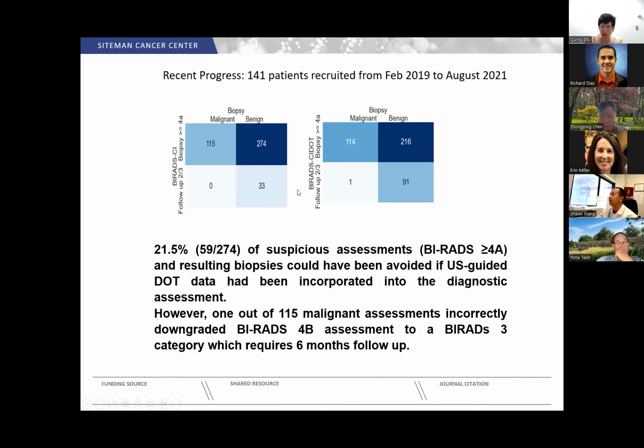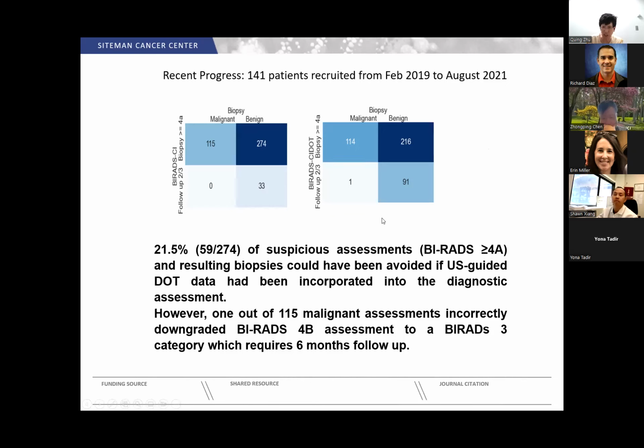This is a lot compared with 1 million biopsies per year, where 85% of the patients get benign biopsies. So this shows promising data that we might be able to use diffuse light with the radiologists and improve their reading accuracy, particularly reducing benign biopsies.